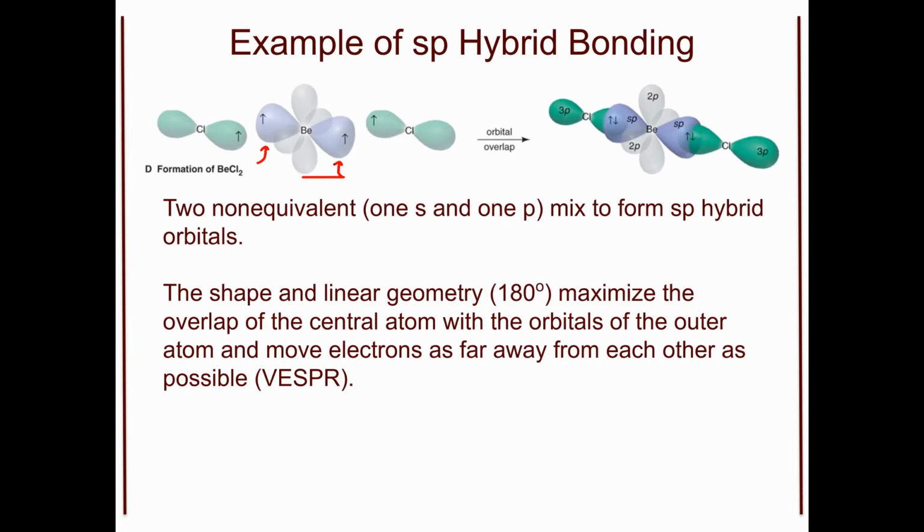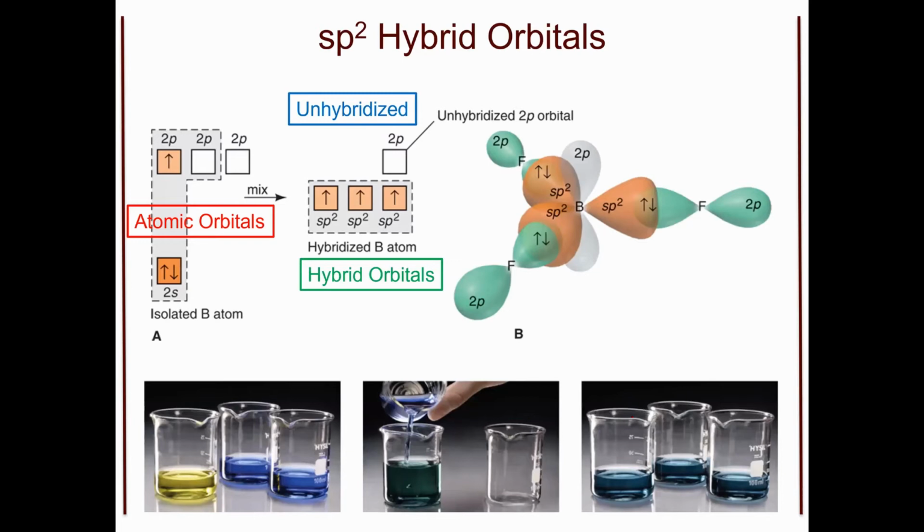For our sp2, we are now going to have to add a second p orbital. So as you can see here, we have our atomic orbitals. And notice that for our boron, we would have two paired electrons here in our 2s, while you would only have one electron in the 2p.